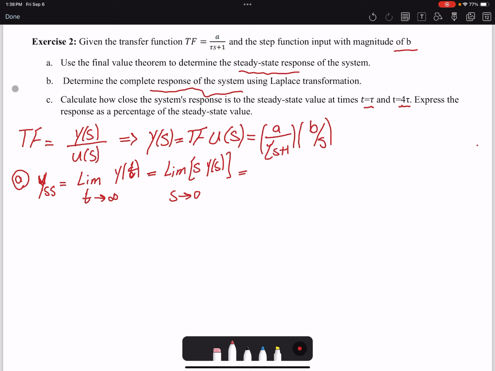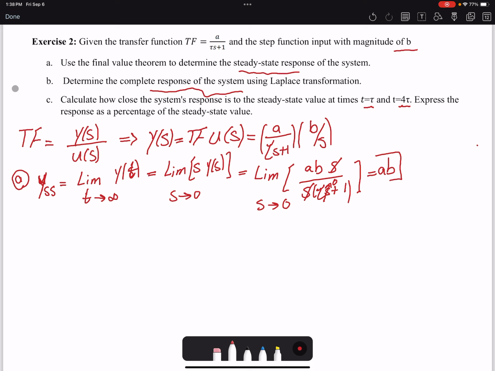So if I look at my function up there, I just multiply by s. I have a, b, and I have this s over tau s plus 1. These two s would cancel out. If I plug in 0 here, it would be 0. So I will have ab. That's our steady state response of the system.